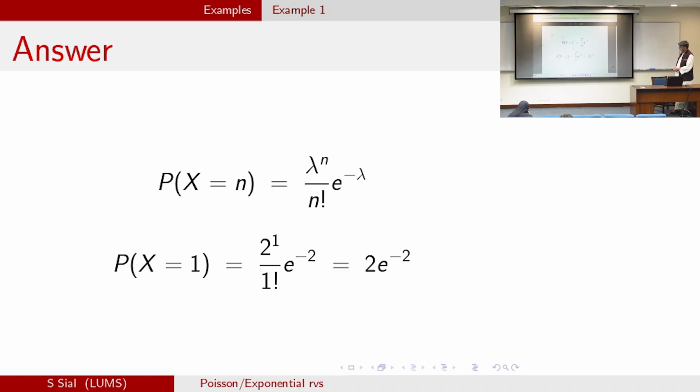So the probability that X is equal to 1 in 10 seconds is 2 expected in 10 seconds to the 1 over 1 factorial, e to the minus 2 expected in 10 seconds. So that works out to 2e to the minus 2.